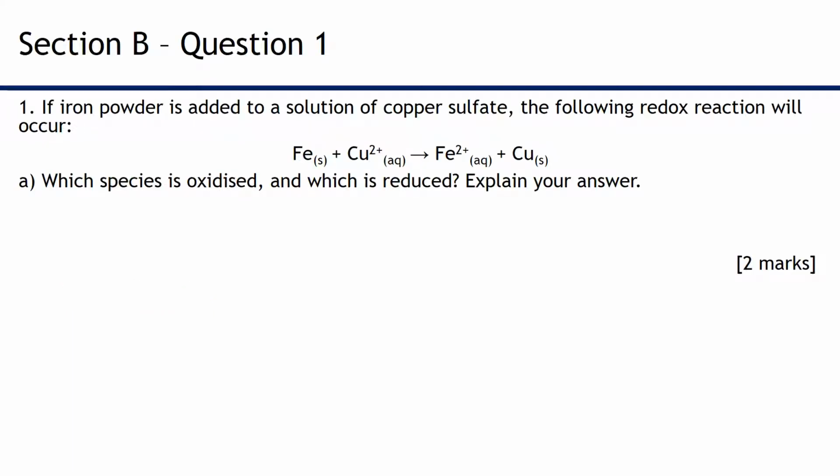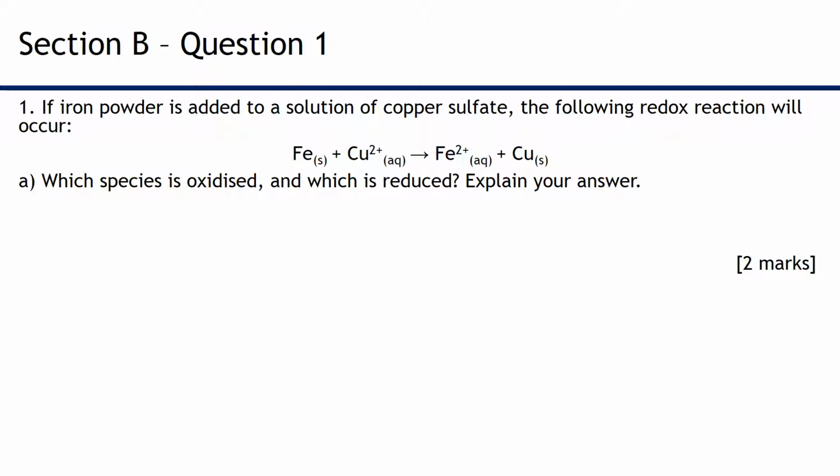And now we move on to section B, the longer questions in the paper. So in question 1 of section B, you're told to start off with, if iron powder is added to a solution of copper sulfate, the following redox reaction will occur. Then you have a reaction between iron and copper ions, leaving you with iron ions and solid copper. And in part A, you're asked which species is oxidized and which is reduced, explaining your answer.